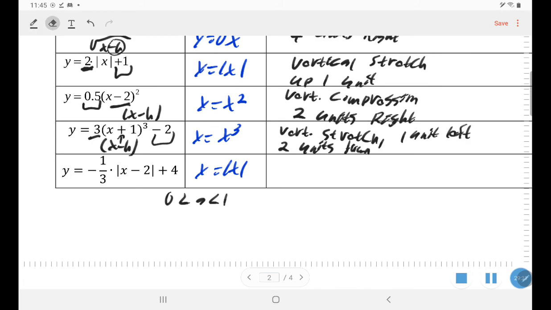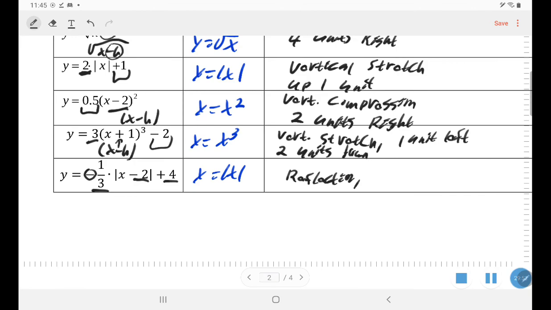And the last one here also has a lot going on. It has a, h, and k. Actually, it's got 4 things going on. My a is negative. It has a fraction of 1/3. I have a horizontal shift and a vertical shift. So the negative tells me it's going to be a reflection across the x-axis. The 1/3 is somewhere between 1 and 0, which means the graph's going to get closer to the x-axis.